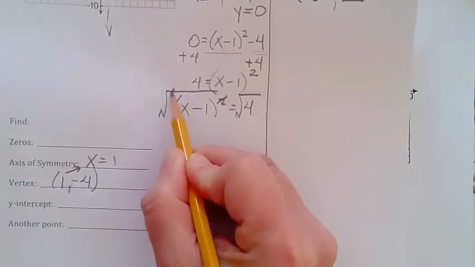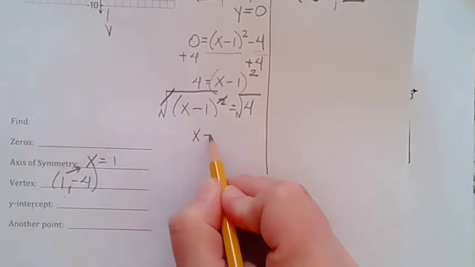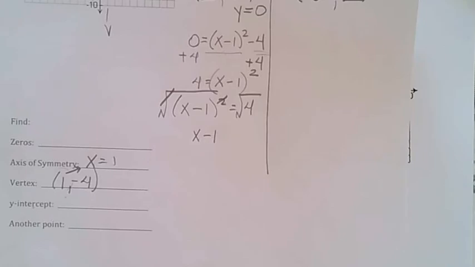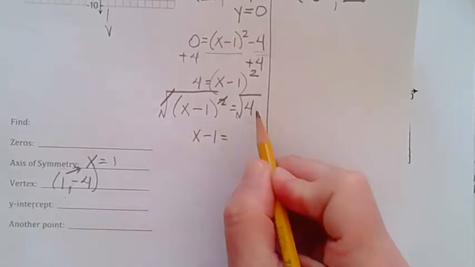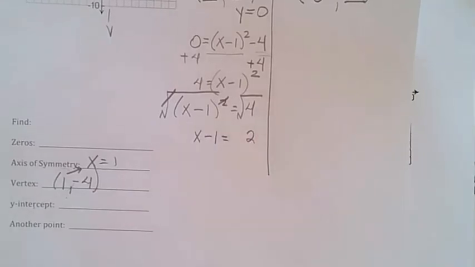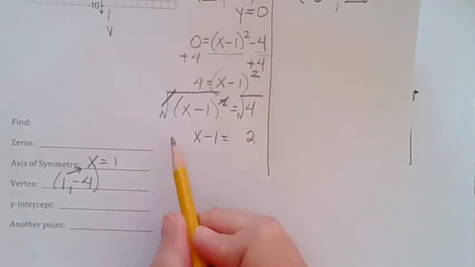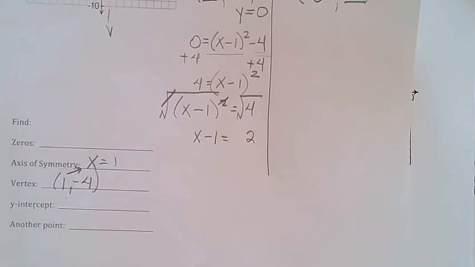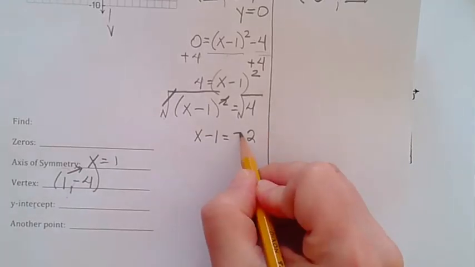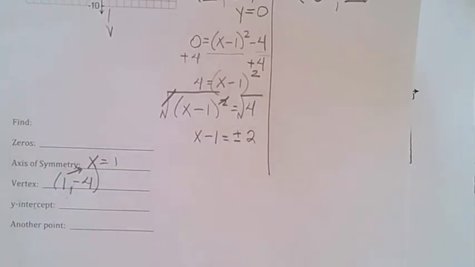The square and the radical cancel, so there's my x - 1. Recopy that. And on this side, I take the square root of 4, and it's 2. The big thing I have to remember is that when I solve quadratic equations by taking the square root of both sides, it is on us to remember the plus and the minus.